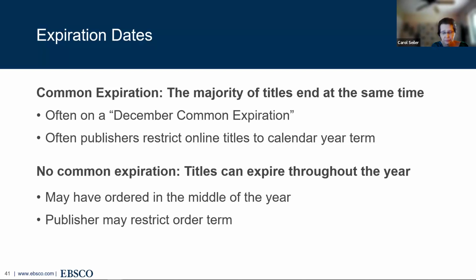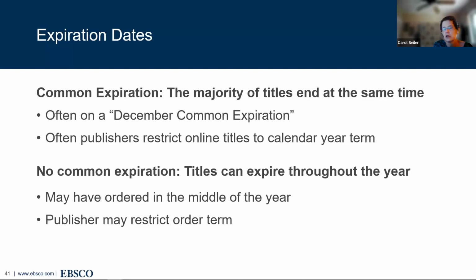Makes life easier. Everything will never be December. Why? Because sometimes you'll have missed an issue and the publisher will extend it. So instead of expiring in December, now you expire in January, then in February, then in March. Or it could be a delayed publication, or it could be something else. You may have ordered in the middle of the year. So you very seldom, if ever, will see everything expire in December, but you want to get the majority there.